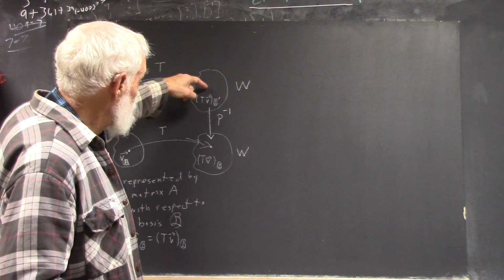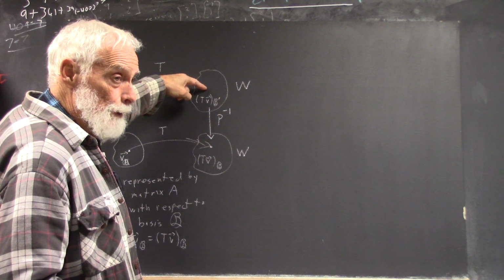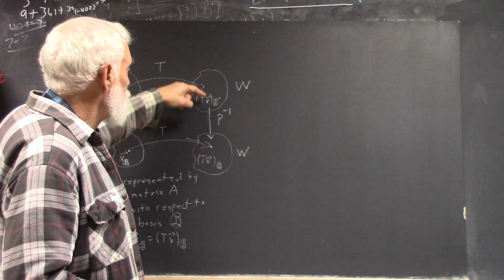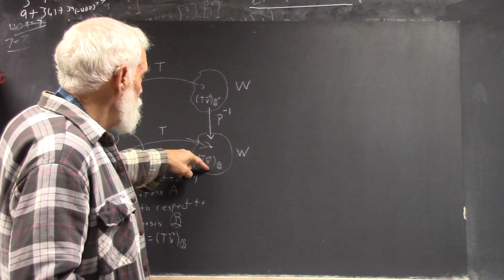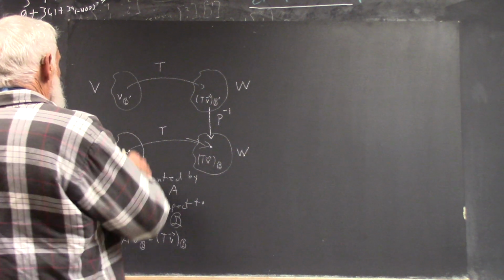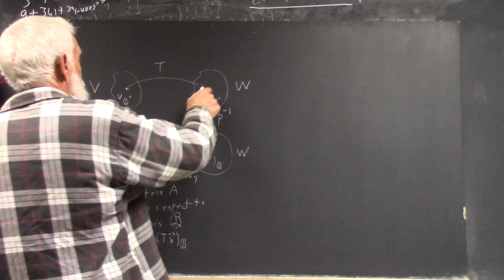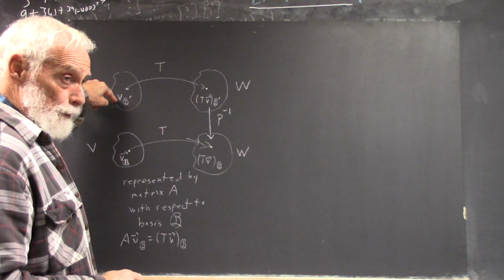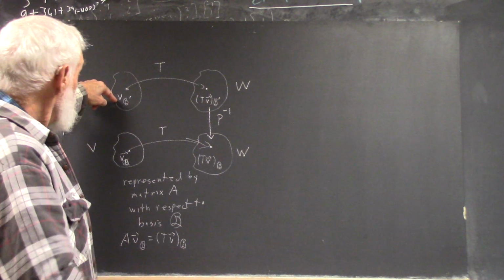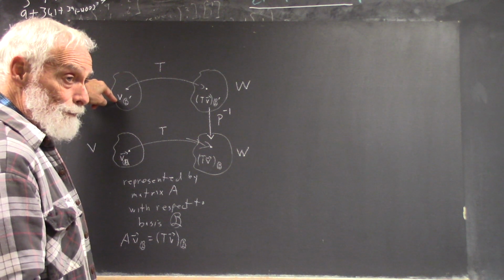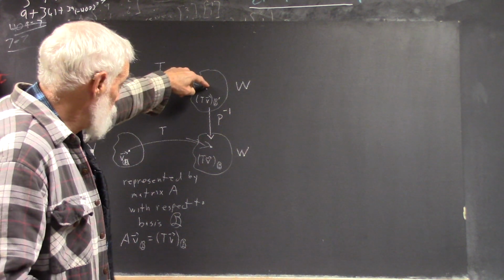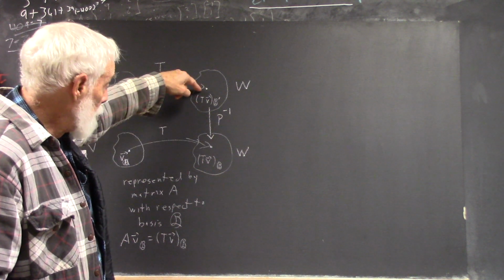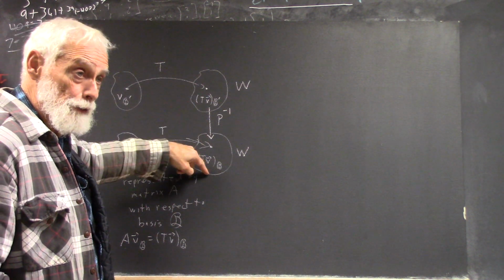It's really P inverse that takes a vector with respect to B prime to a vector with respect to B. Now, the vector you're mapping here is the same here as here. It just has different components relative to this basis. And the vector that you get over here is the same as the vector that you get over here. It just has different numbers because you're using a different basis here.